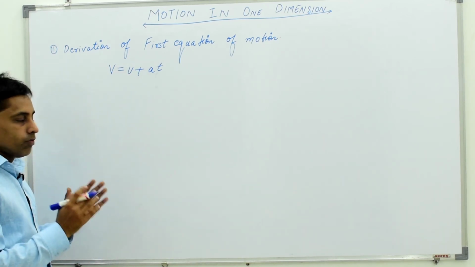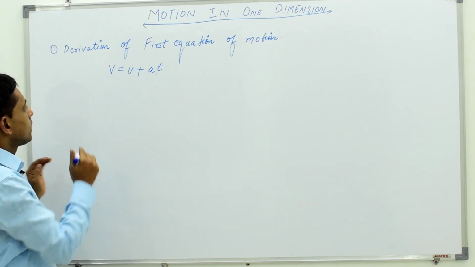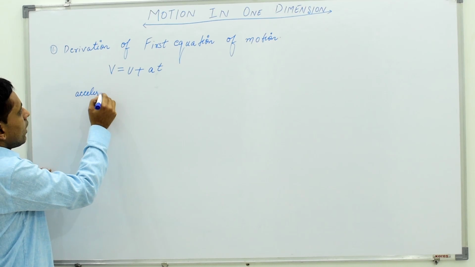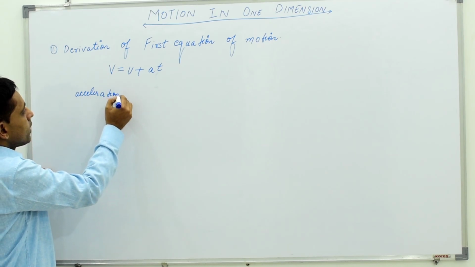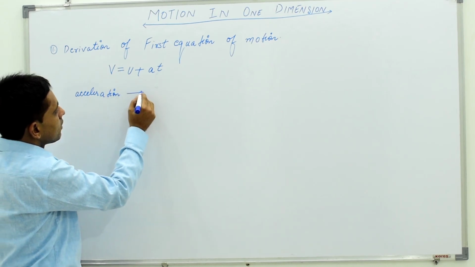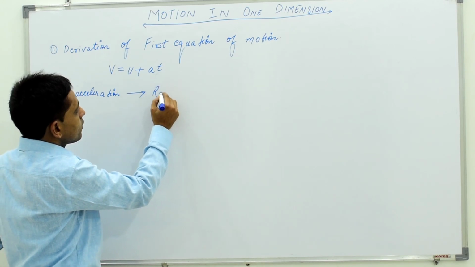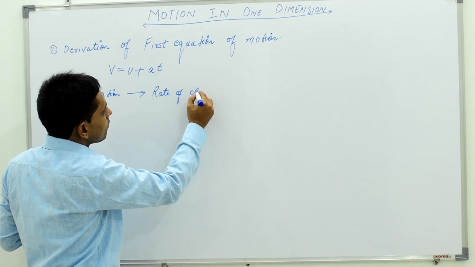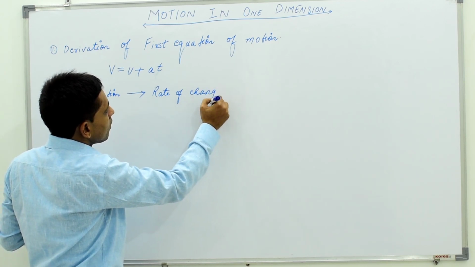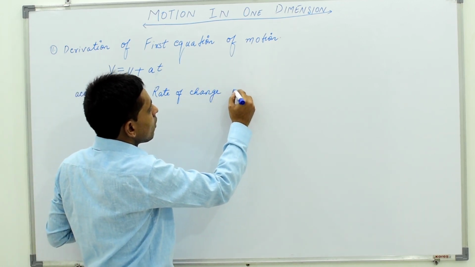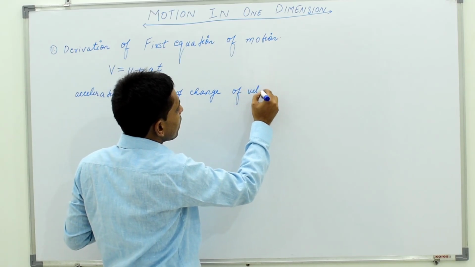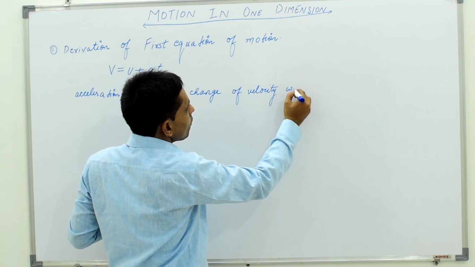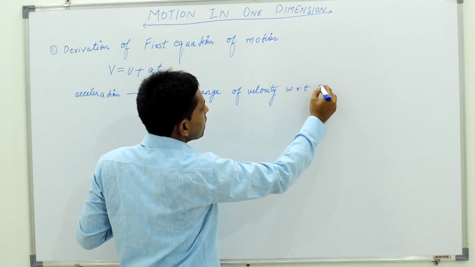Now we already know one thing, that what is acceleration. Acceleration is basically defined as rate of change of velocity with respect to time.